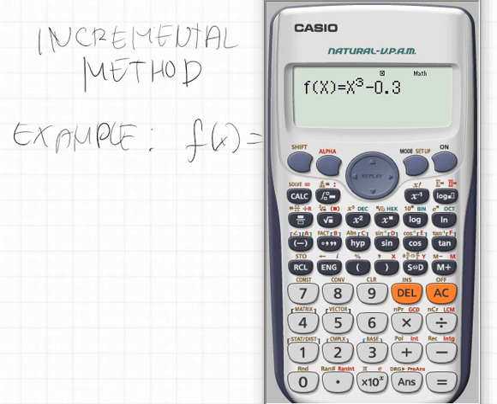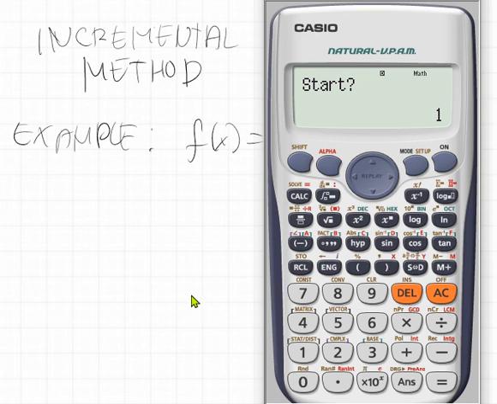After that, you press equals. Then this one, you can leave blank because we only need the first one, f of x.